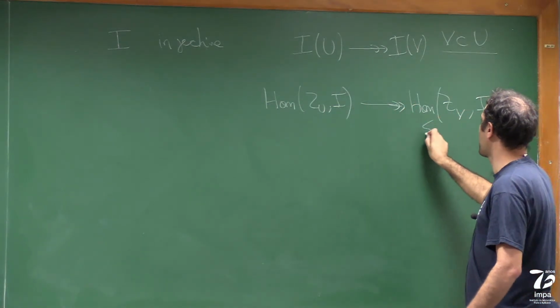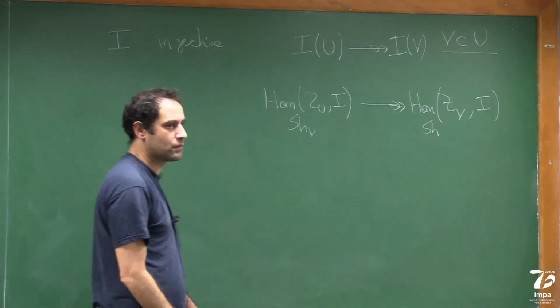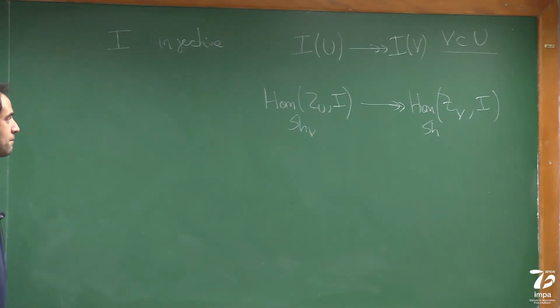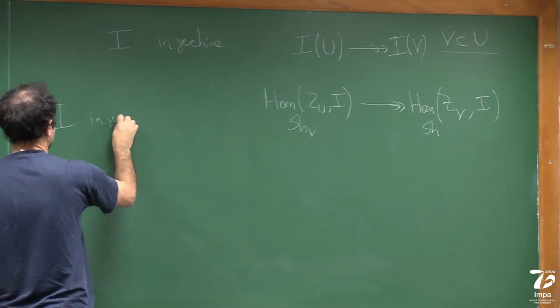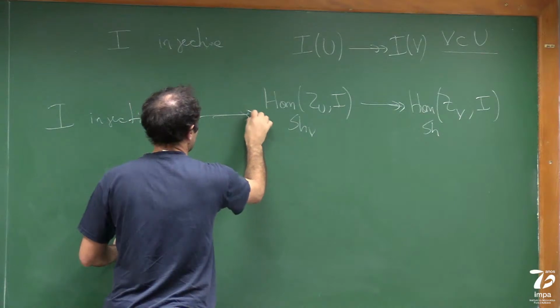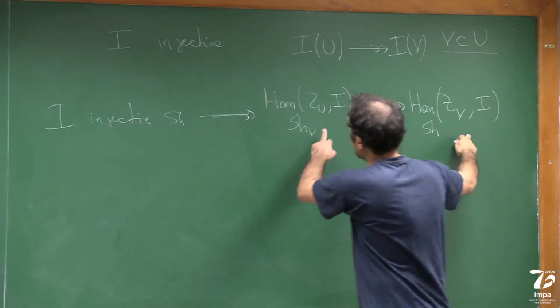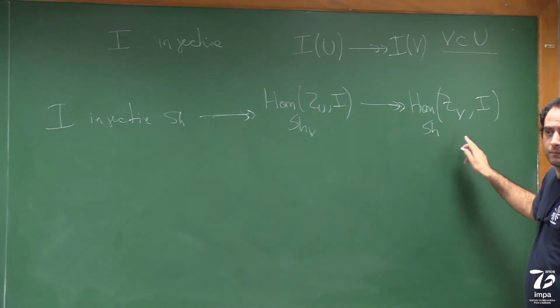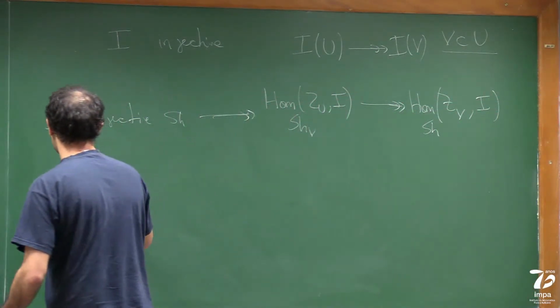And this is now in the category of sheaves. But I is injective in the category of sheaves, which implies this. Remember, the definition of injective meant precisely this statement.